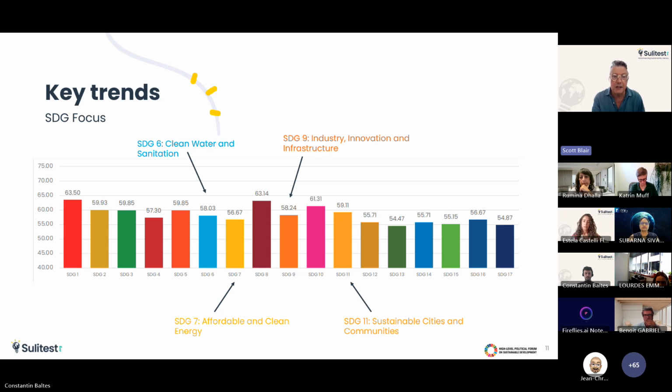And of course, the four SDGs that are the focus of this year's HLPF are also indicated here. I think the big picture is this. Similar to the scores of the task subjects, the scores for the 17 SDGs are both a testament to the hard progress we have made since 2015 and a warning of all the work that still needs to be done. Indeed, we are making progress, but not fast enough.